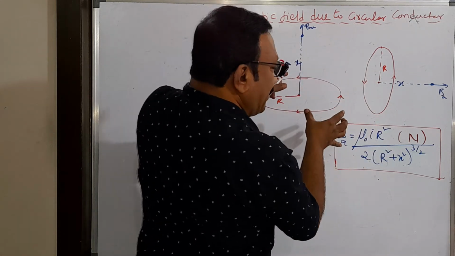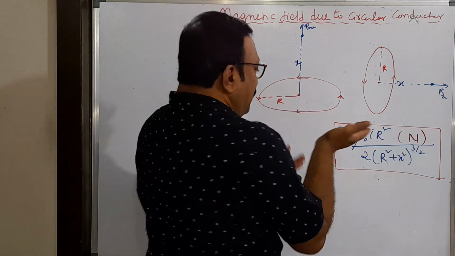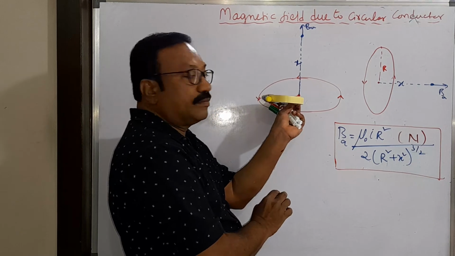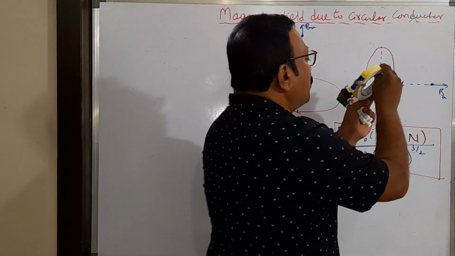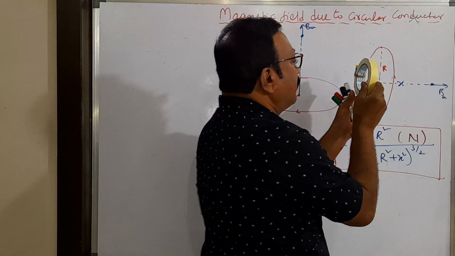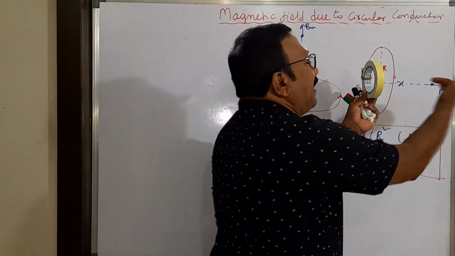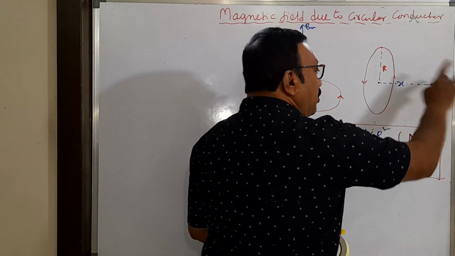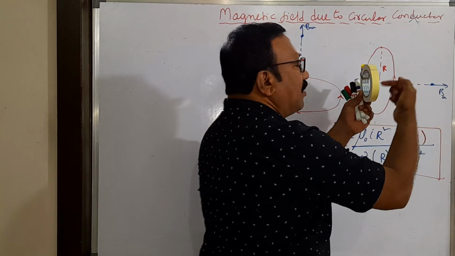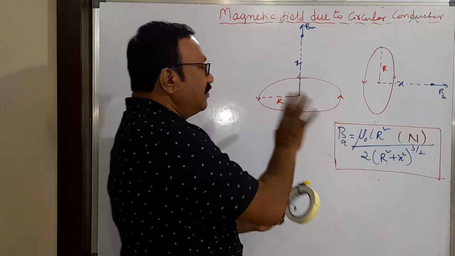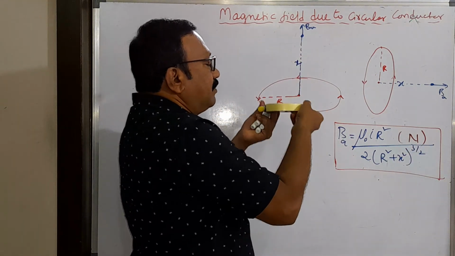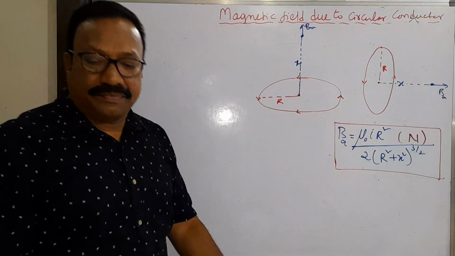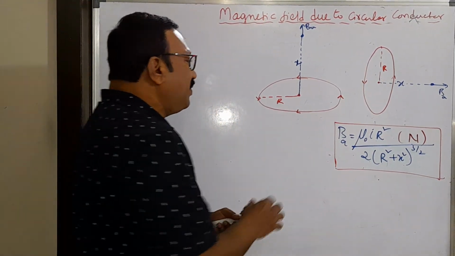If you take the diagram horizontally like this, the situation is the same, on the axis at a distance x. B axial is the magnetic field produced due to this circular conductor on the axis. The formula is the same.